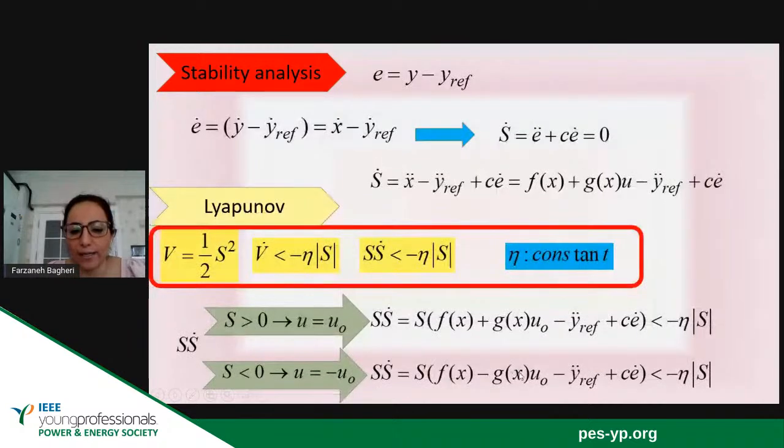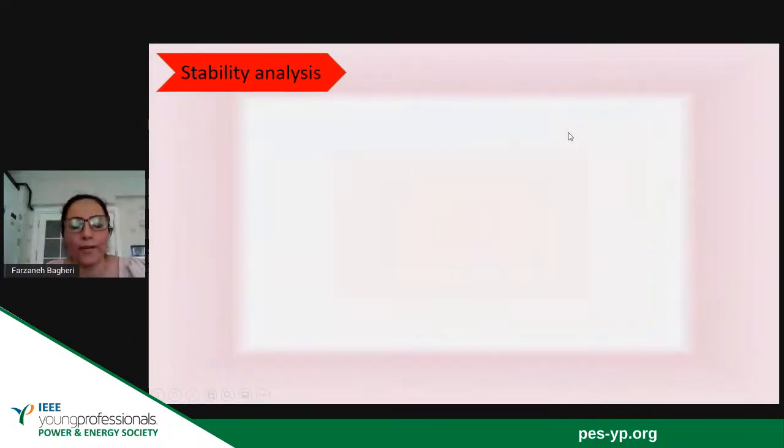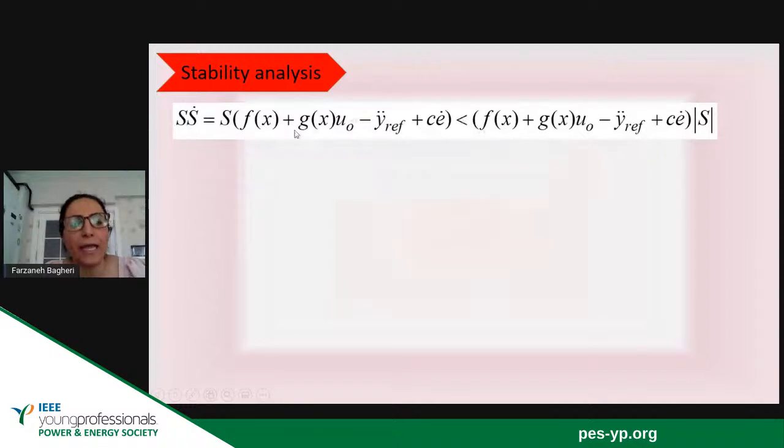Instead of s dot, I can substitute this value that I found before, f(x) plus g(x) u, but instead of u we have u naught minus y double dot ref plus c e dot. So right now let us look at here.